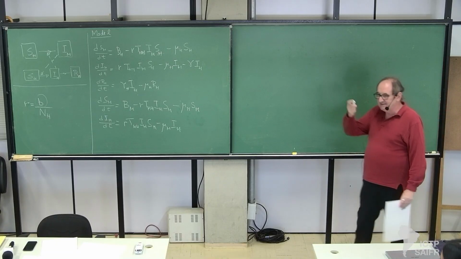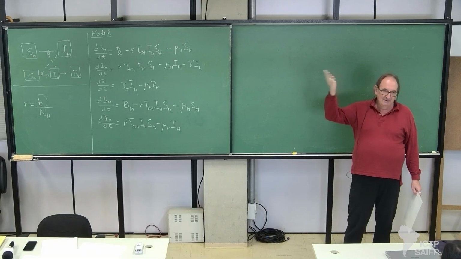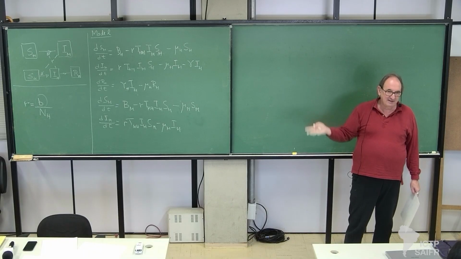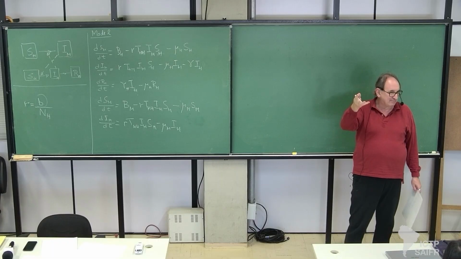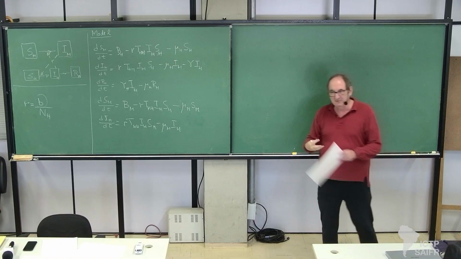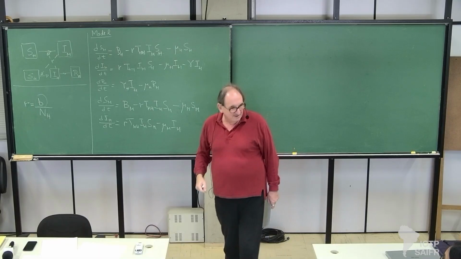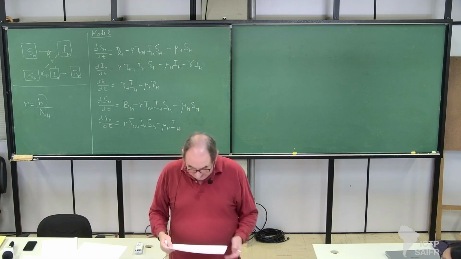Remember, in the SIR model, R0 is just beta over gamma. That's the transmission rate divided by the duration of the infectious agent.